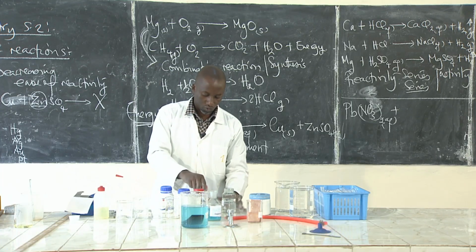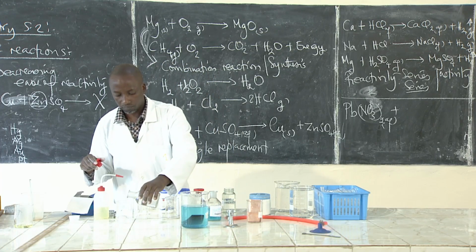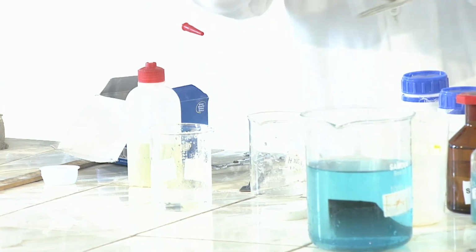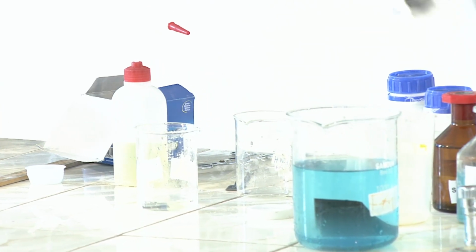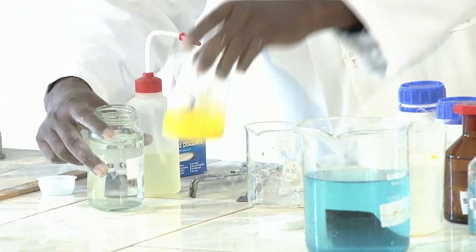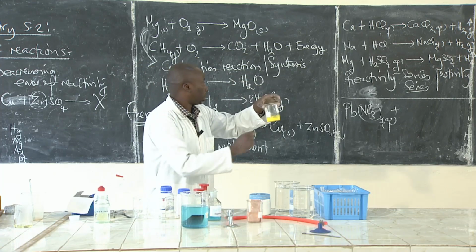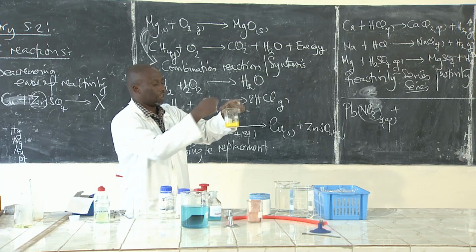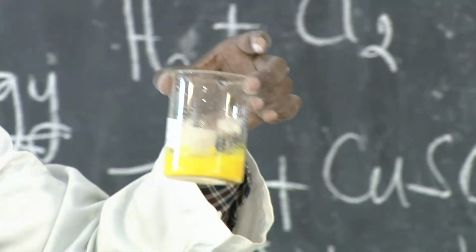Just take a close look here. This is lead nitrate, just adding very little. And I'm just adding potassium iodide. This is potassium iodide that I've added, and then it forms a yellow precipitate.